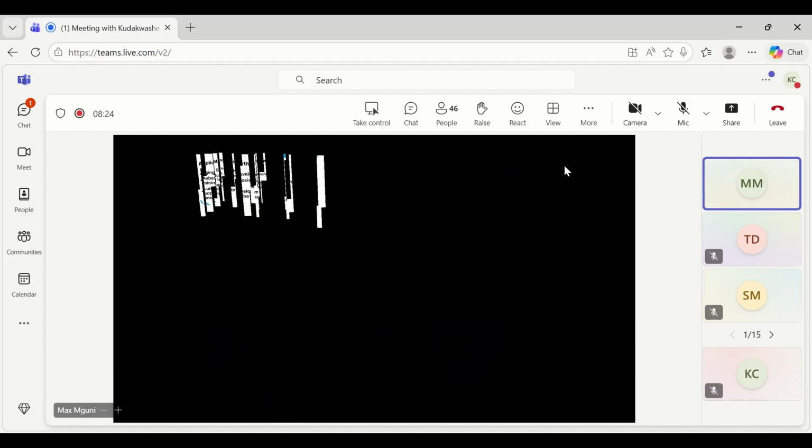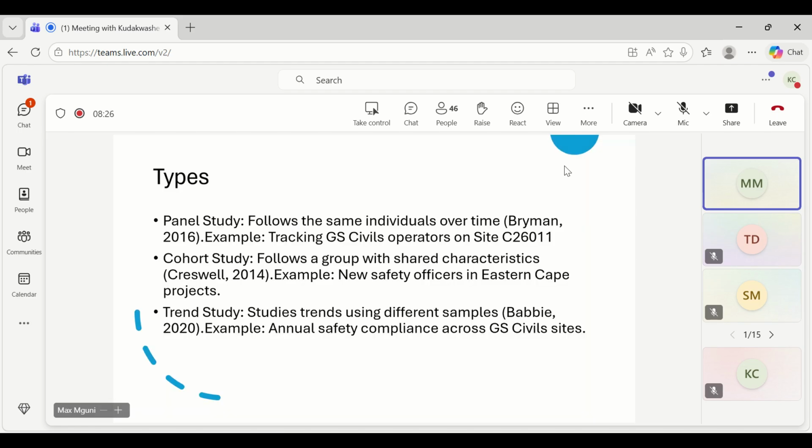All right. Types of longitudinal studies, we look at panel studies. These follow the same individuals over time. That's according to Bryman, 2016. For example, tracking GS Civils operators on site. And then there is also a cohort study, which follows a group with shared characteristics. For example, new safety officers in the Eastern Cape.